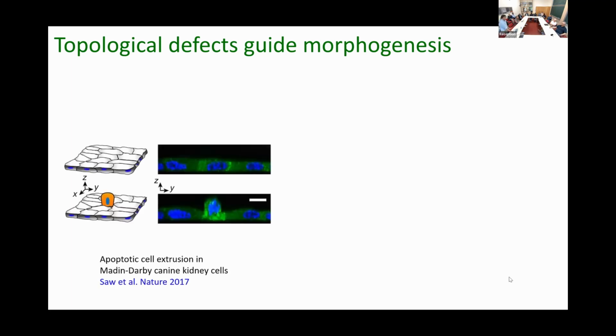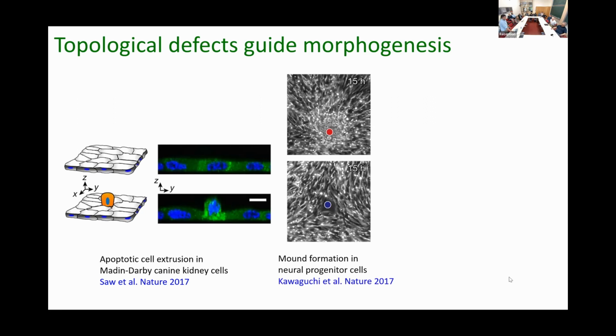In this first example, in MDCK cells, the cells at the plus half defect are extruded. This governs cell death, which is an important biological function. The next one is in neuroprogenitor cells.